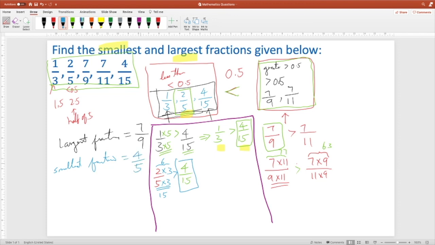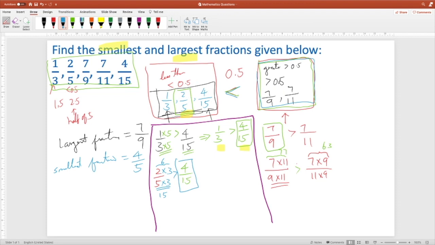Okay, 4 over 15. So would there be a chance that 4 over 15 will be greater than 7 over 9 or 7 over 11? No. Why? I'm not sure. Because this group is always greater than the numbers on the left hand side.